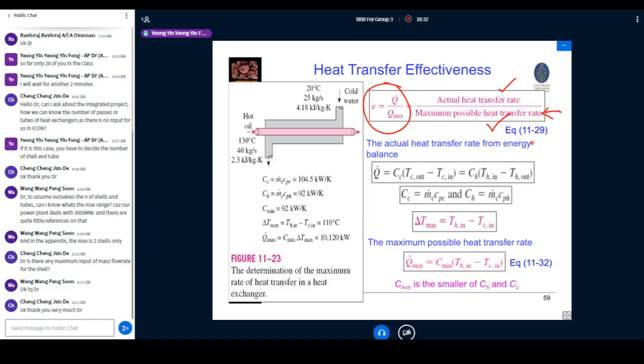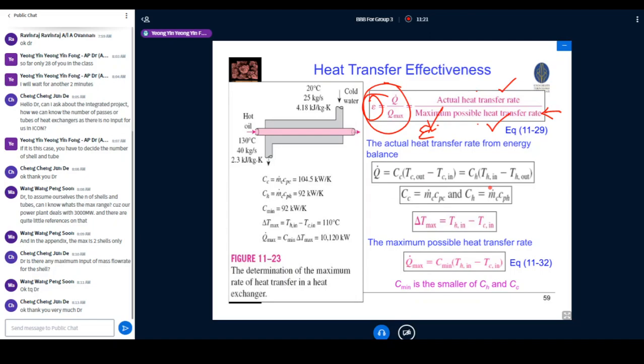Epsilon here in radiation heat transfer we define as emissivity, but in heat exchanger, it is effectiveness. The definition of effectiveness is very simple and straightforward: the actual heat transfer rate divided by the maximum possible heat transfer rate, whereby the heat exchanger operates at an ideal case.